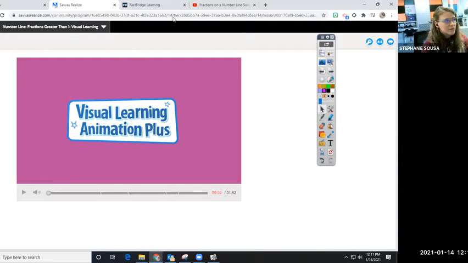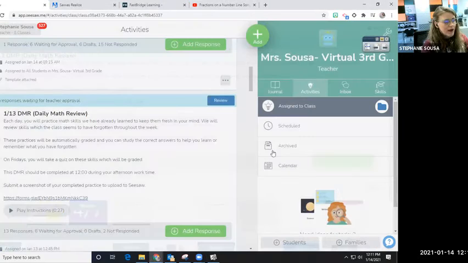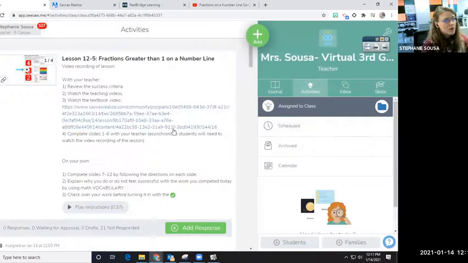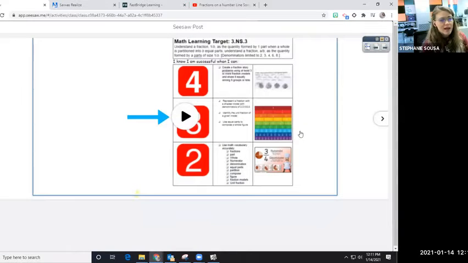All right, loves. We are getting ready to move on to working with fractions again, but today we're going to look at fractions that are bigger than 1 on a number line, okay? So what happens when the fraction is bigger than 1? That would mean what happens when we're measuring on a ruler, and I thought I had my ruler.